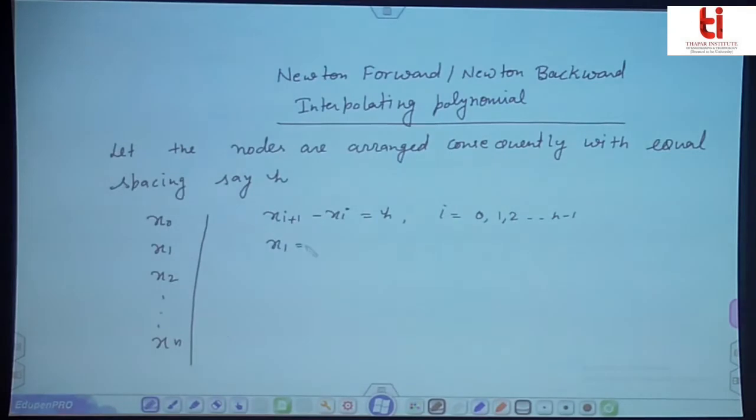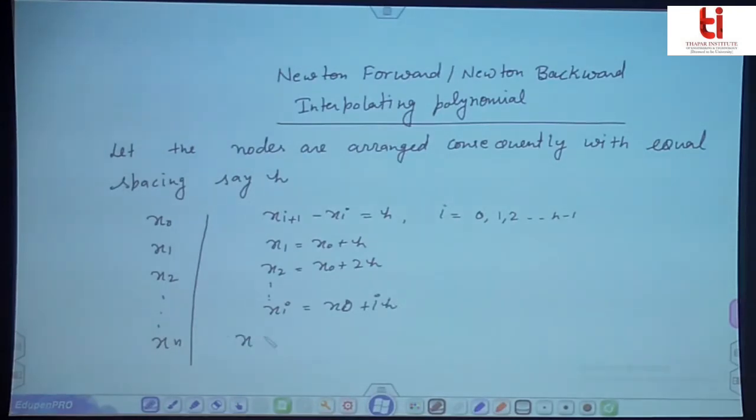x1 can be written as x0 plus h, x2 as x0 plus 2h, or xi we can write as x0 plus ih.